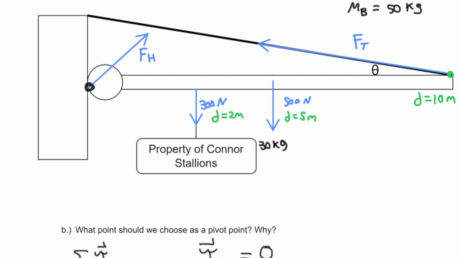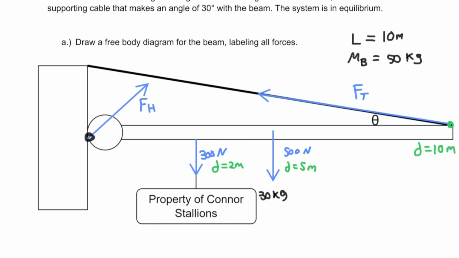So what we have is two different weight forces, the sign and the beam, trying to rotate it clockwise. And we have a tension force which is at least partially attempting to rotate it counterclockwise. Because again, if we look at our tip-to-tail addition model for this, we can see that this part of the tension force is actually what's causing it to rotate.